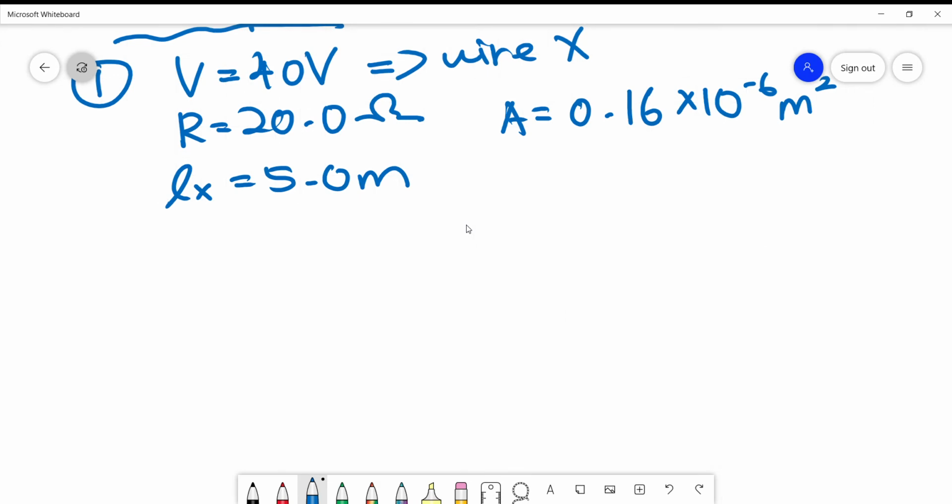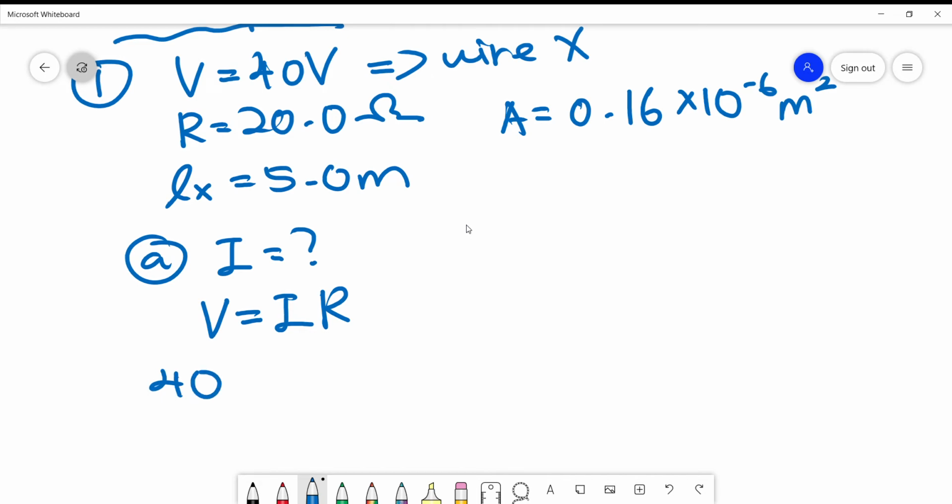For the first question, what is the current that exists inside the wire? What we need to do is find the magnitude of the electric current inside wire X. So we have V, we have R. We can use the formula from Ohm's law, which is V equals IR. So V is 40, I is the one that we need to find, and R is 20.